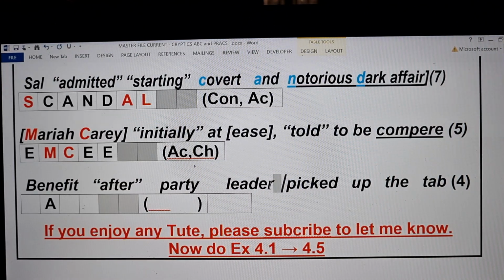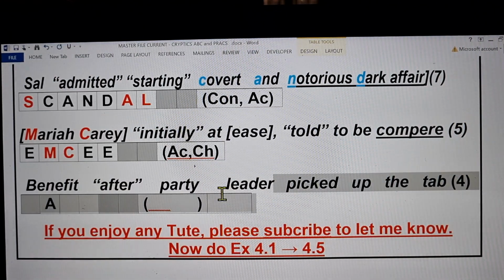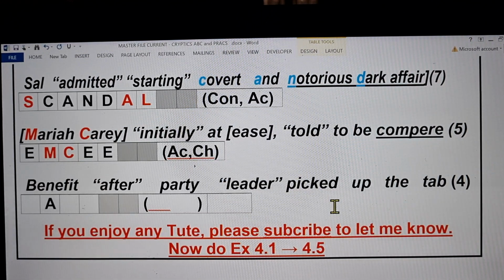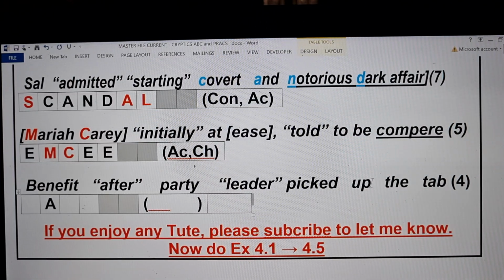Party leader could be an acronym or a first trick. Picked up the tab. Oh, I don't think there's much else. Unless you could possibly say up as a reversal flag. Can be. Keep that one in abeyance, we'll see.